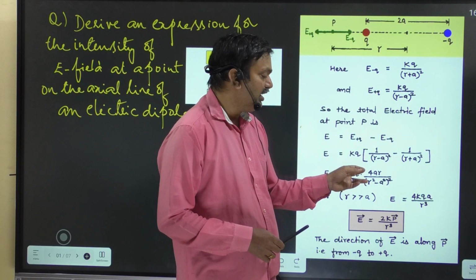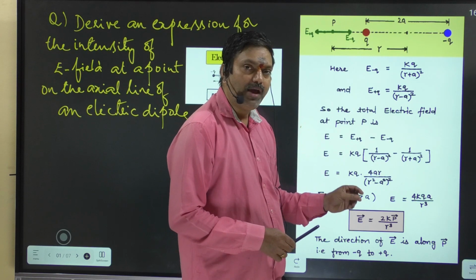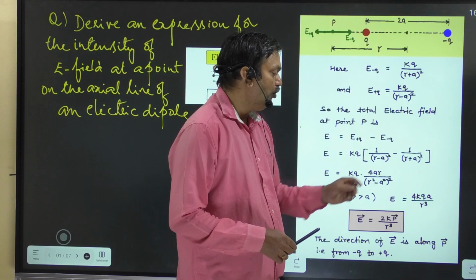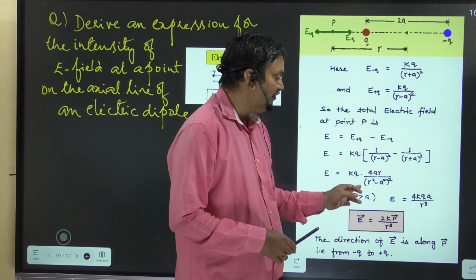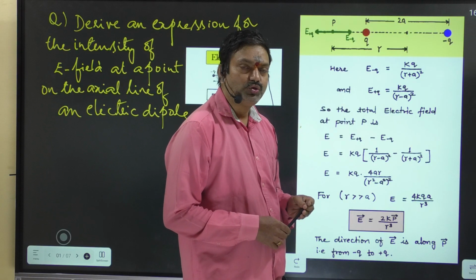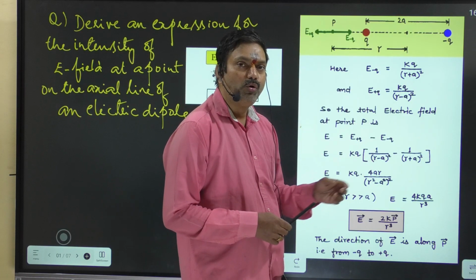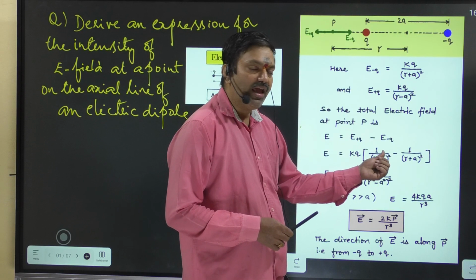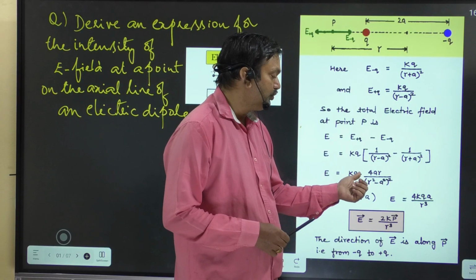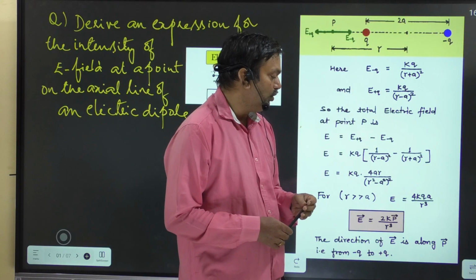So you get a constant value of 4AR, because for 4AB, one of the terms is R and the other term is A. So the 4AR is divided by (R minus A) whole square into (R plus A) whole square. Using (A plus B) into (A minus B), A square into B square is nothing other than (AB) whole square. So AB means (R plus A) into (R minus A), that is (R square minus A square) whole square.